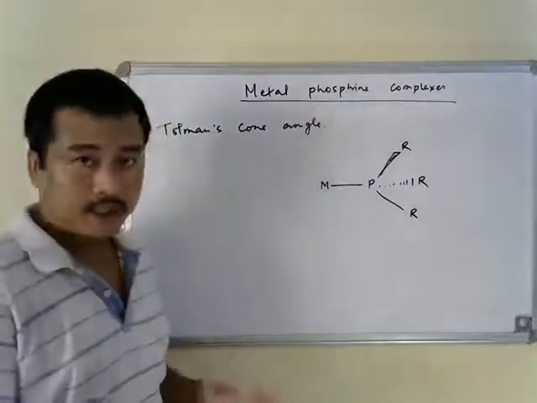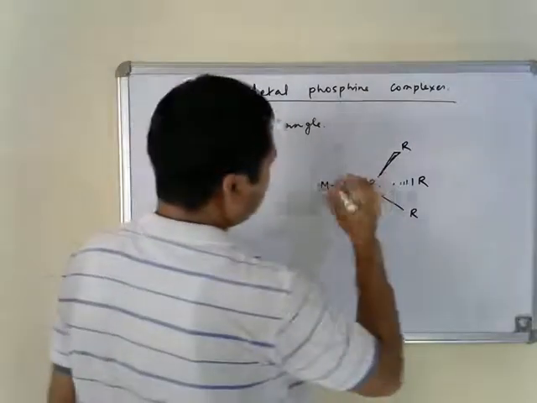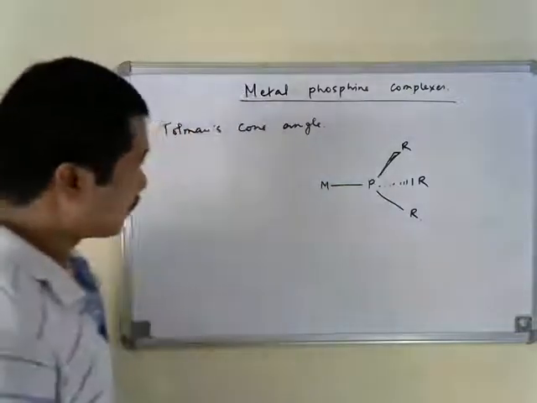now we can consider a cone angle, that is by taking the metal at the apex.